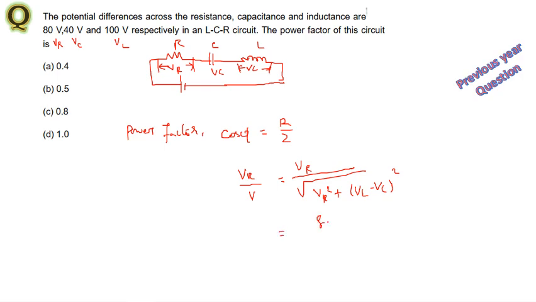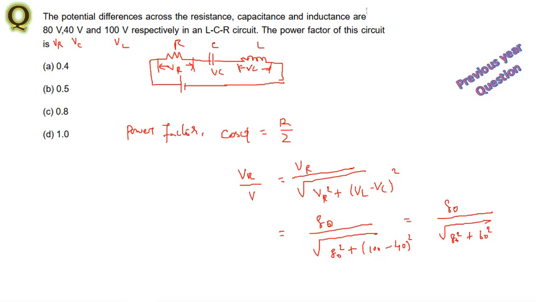VR value here is 80, divided by the square root of 80 square plus VL value 100 minus VC value 40, the whole square. Now substitute: 80 divided by the square root of 80 square plus 100 minus 40, which is 60 square.